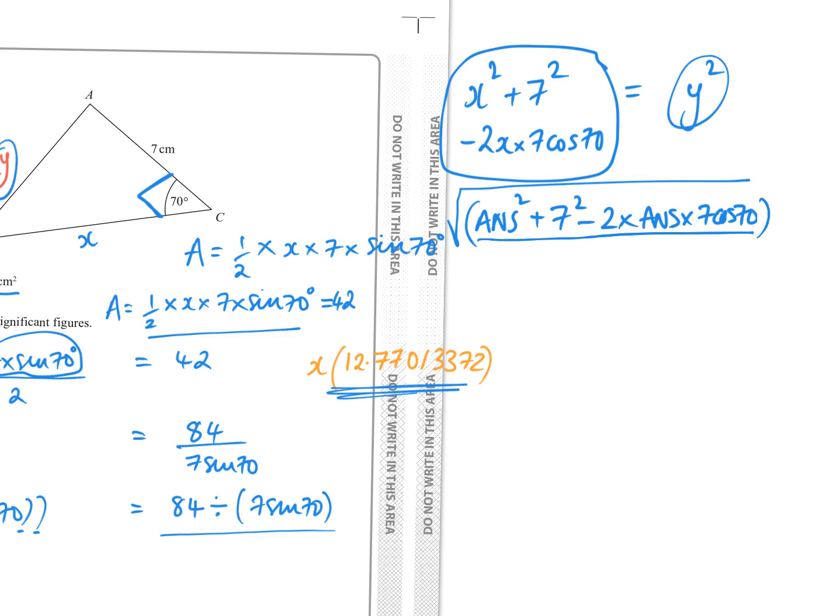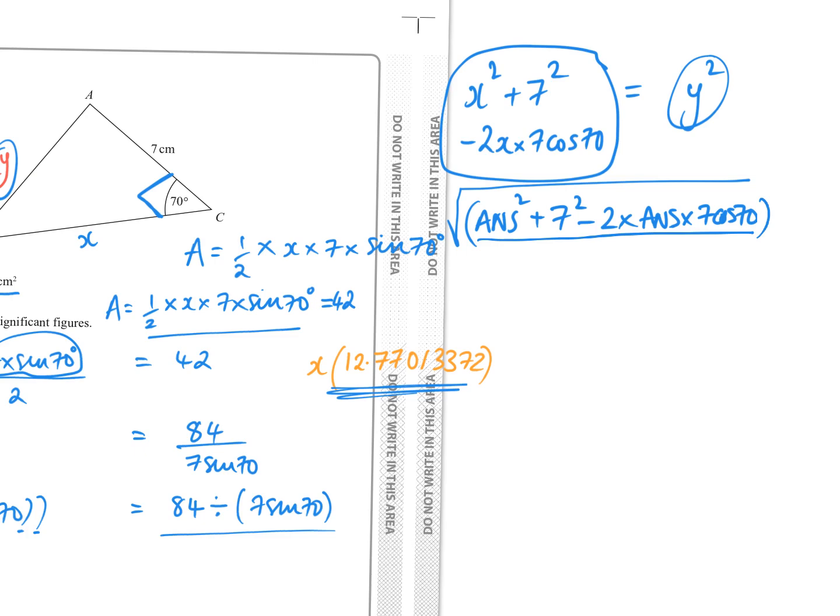So I've got square root bracket ans squared plus 7 squared minus 2 times ans times 7, and you can write a times again if you want, but I'm just going to put in cos 70. It opens that bracket, so I've got to close it and then press equals, and I get 12.2853.